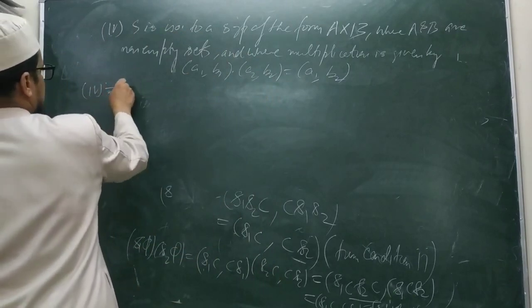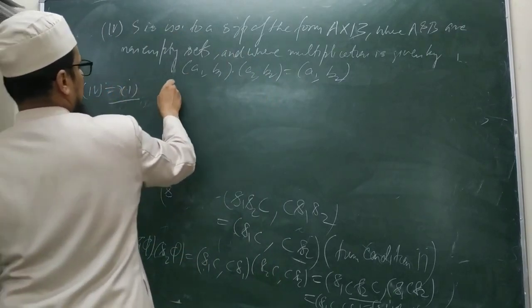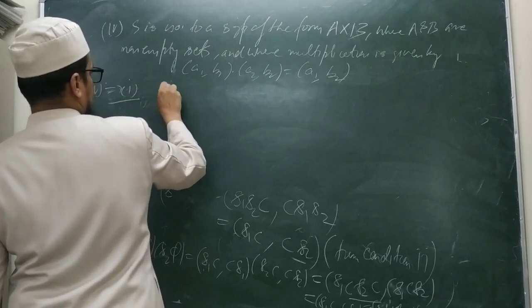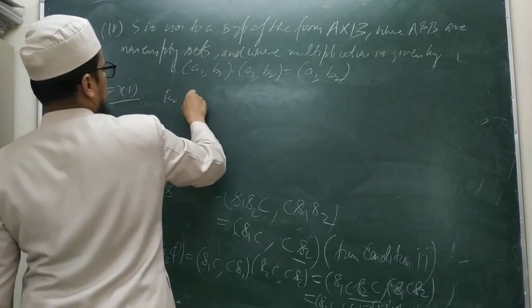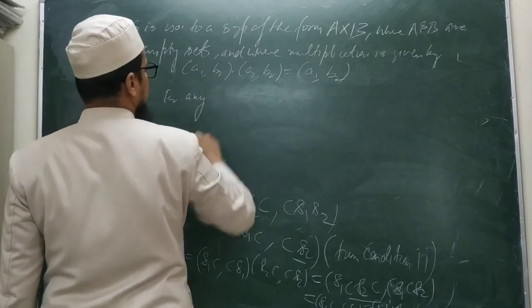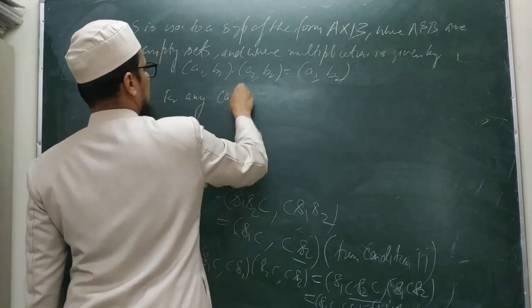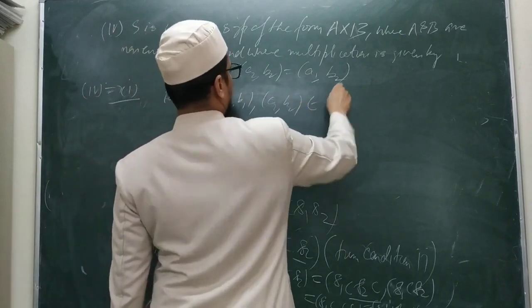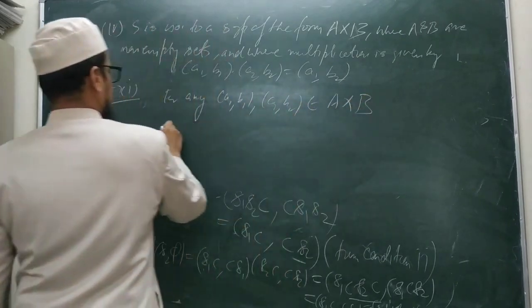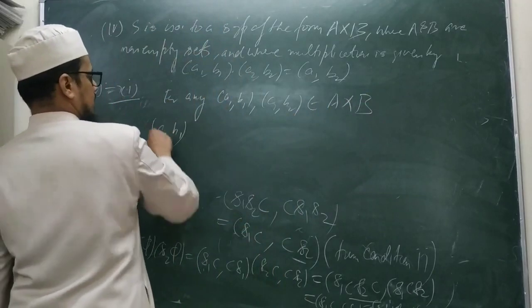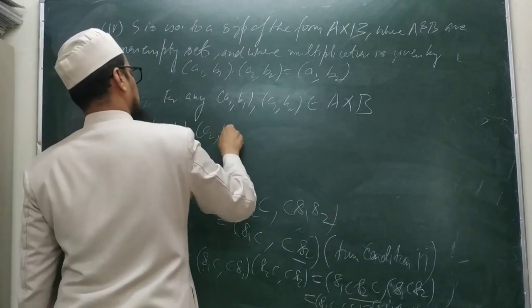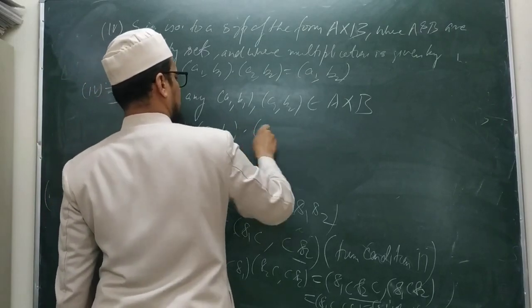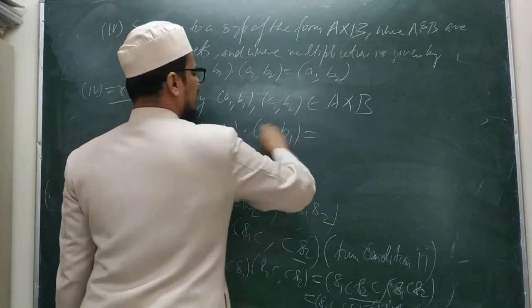Fourth implies first. For any (A1, B1), (A2, B2) belongs to A cross B, (A1, B1) into (A2, B2) into (A1, B1), you have to calculate this.